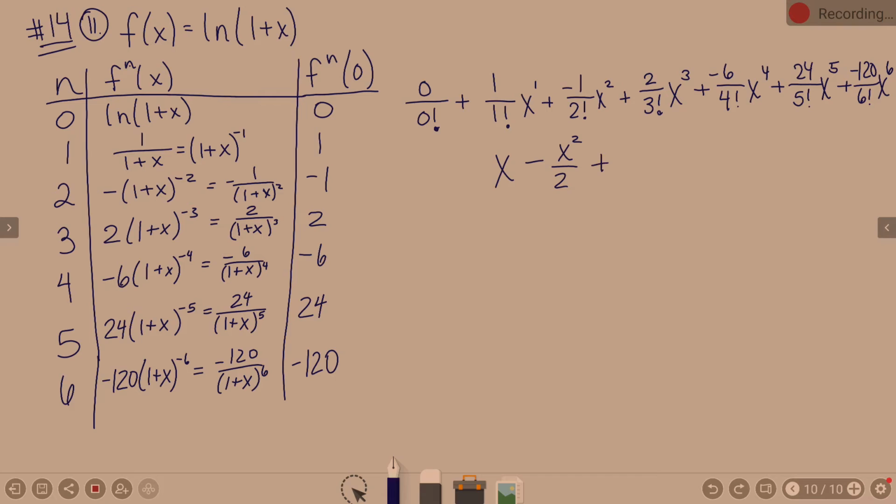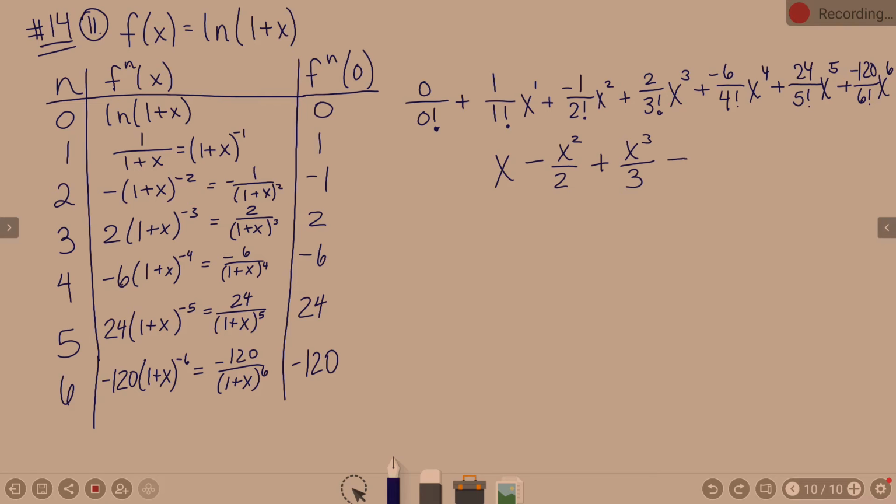My next one is positive. 2 divided by 3 factorial. Well, 3 factorial is 6. 2 over 6 reduces to 1 over 3. And so I'm going to say x cubed over 3, or 1/3 x cubed.